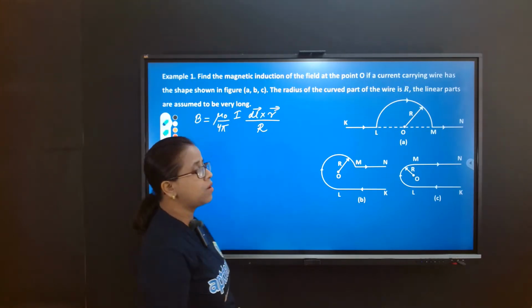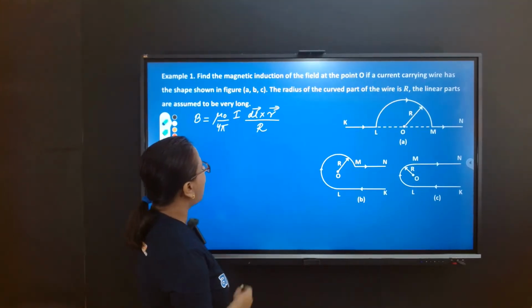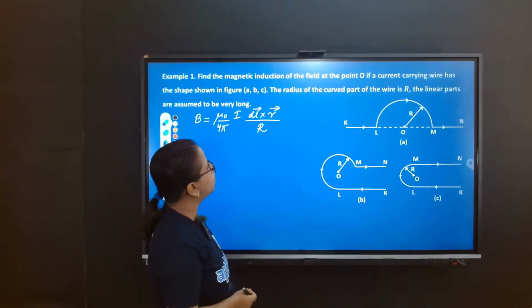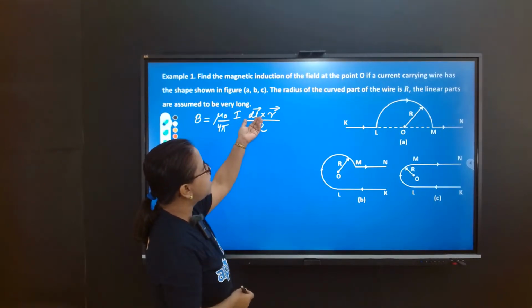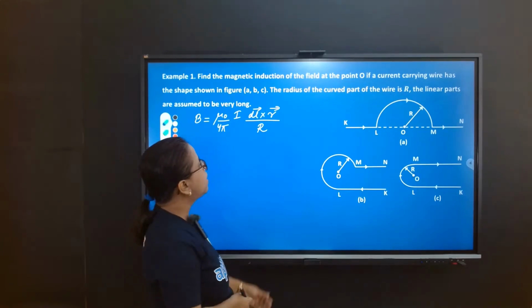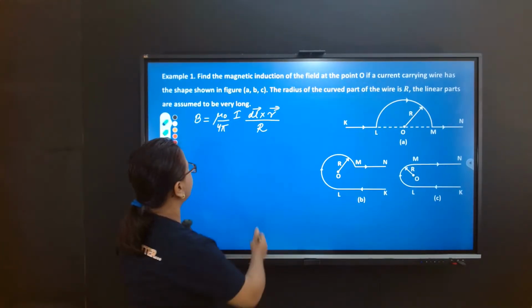Here mu naught is the magnetic permeability, I is the current flowing through the wire, dl is the line element, and r the distance.